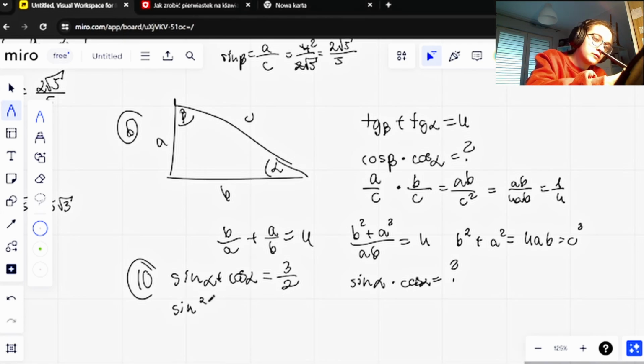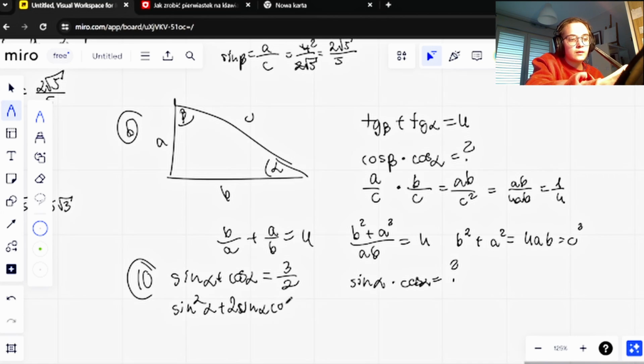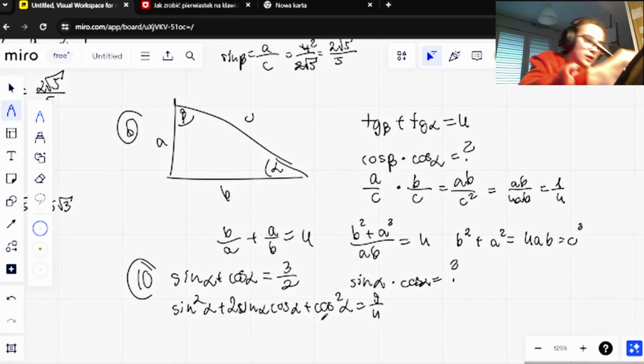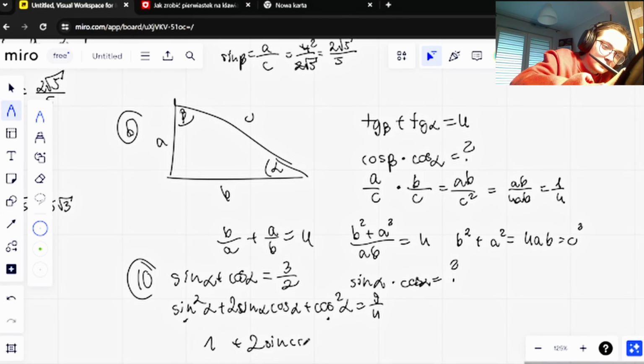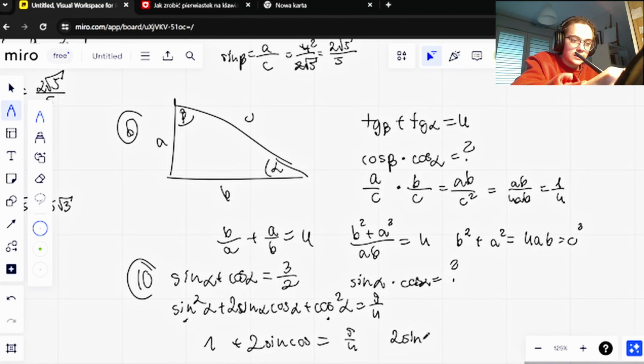So basically, you put through the whole thing, you square everything and you have 4, and this gives you 1, so 1 plus 2 sin cos equals 4, so 2 sin cos equals 5, 4, so sinus cosinus equals 5, 8.